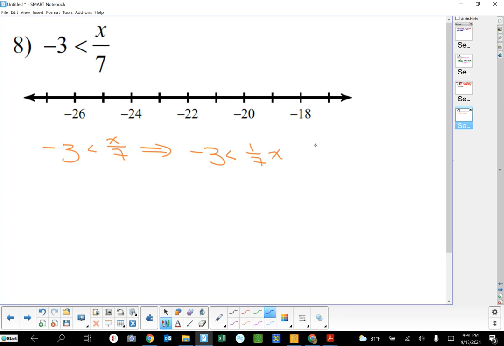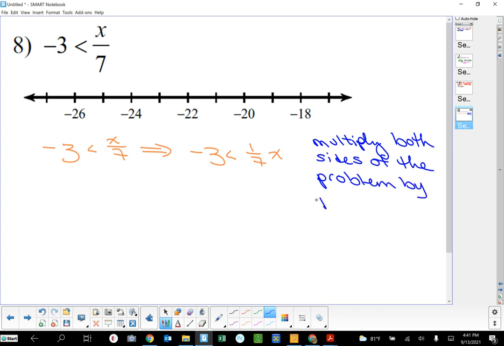So you can multiply both sides of the problem by the denominator. What I'm going to do here is multiply by 7 and multiply by 7. That means this will cancel this, leaving me just an x. And 7 times negative 3 is negative 21.